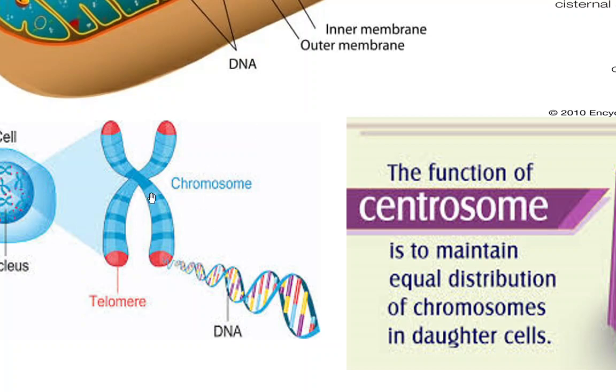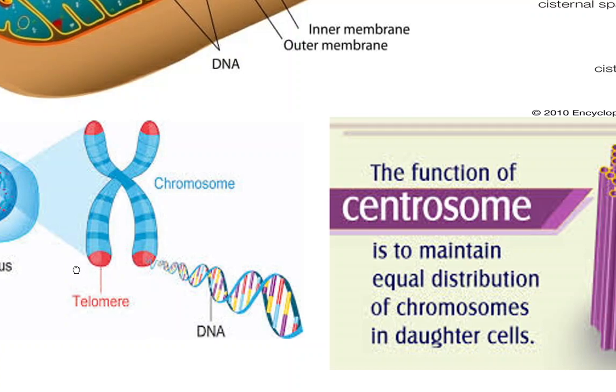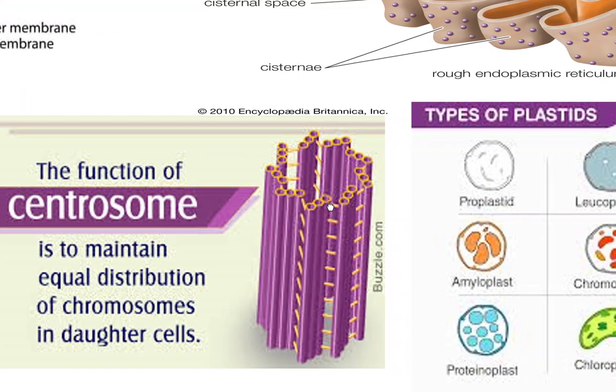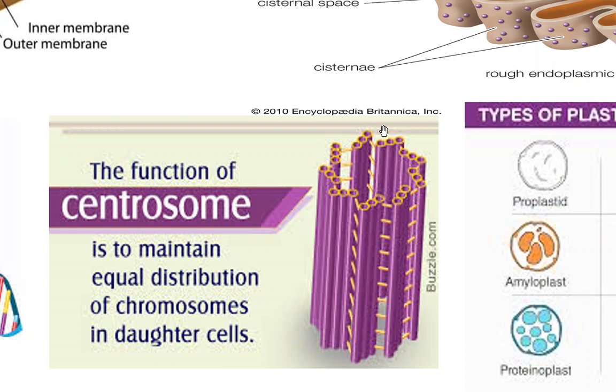We are going to look into the organized structure of this chromosome when we get to genetics. So here we have centrosome. Centrosome is responsible for equal distribution of chromosome during the process of cell division.